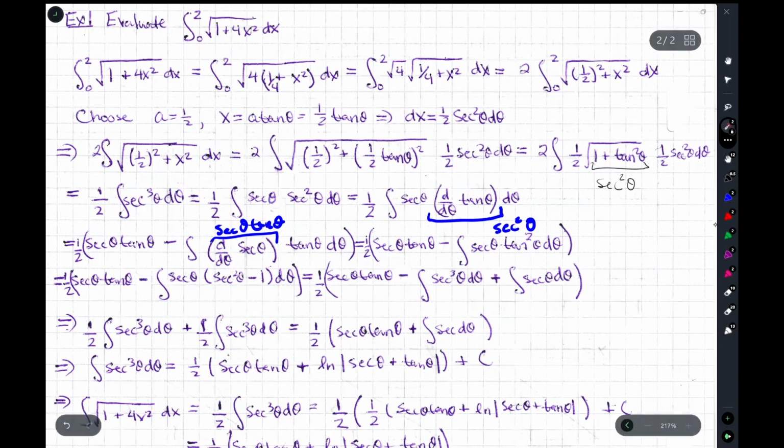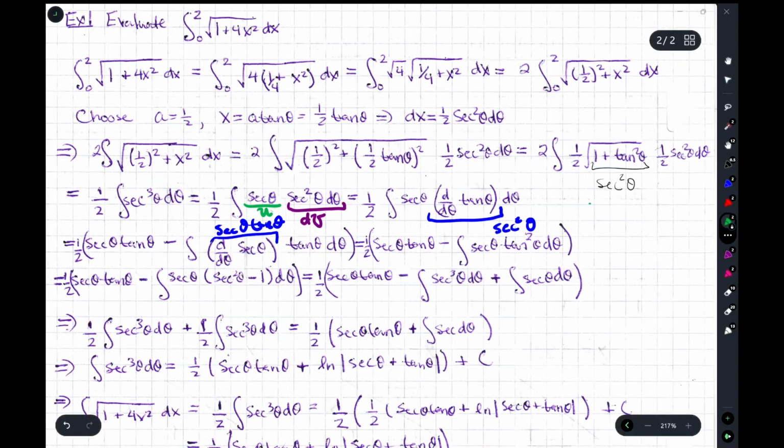Now, if you wanted to do this with the typical u dv notation, feel free. This here will be your u, and this here will be your dv. So you could also use the notation that you're used to.